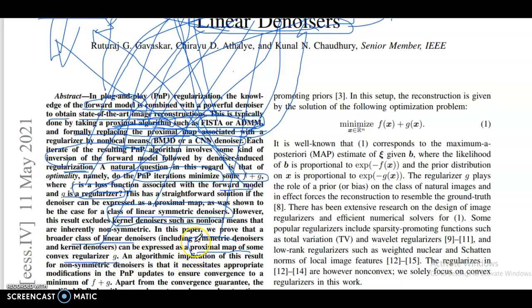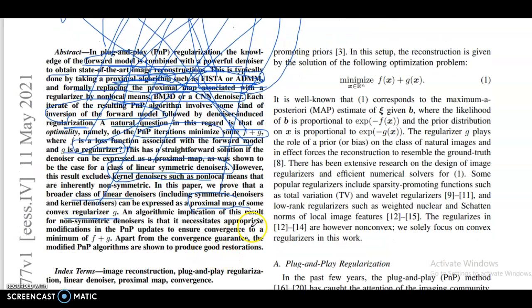An algorithmic implication for non-symmetric denoisers is that it necessitates appropriate modifications in the PnP updates to ensure convergence to a minimum of f plus g.